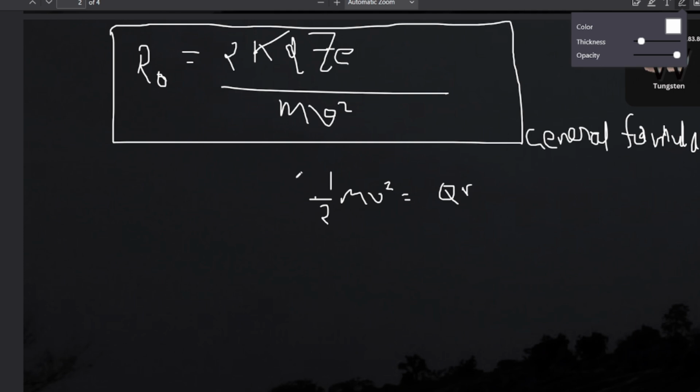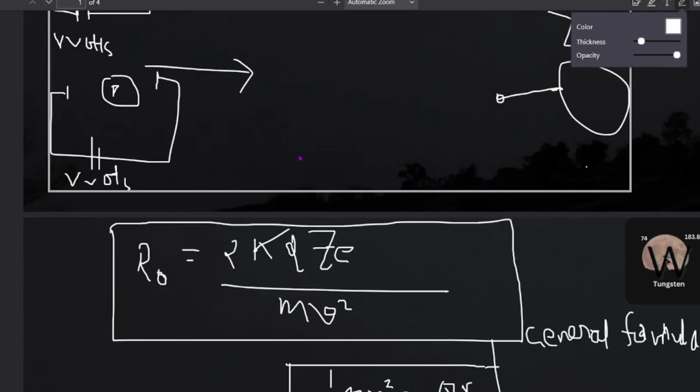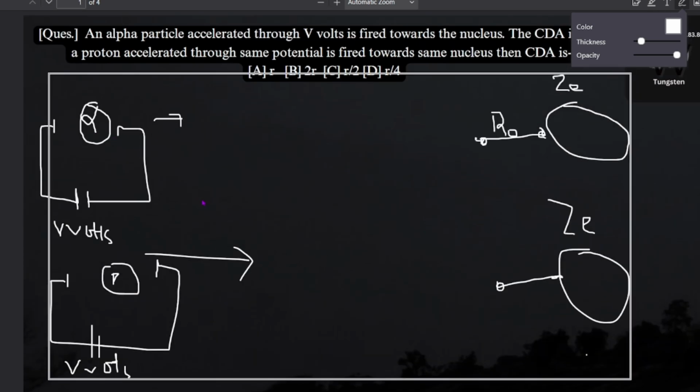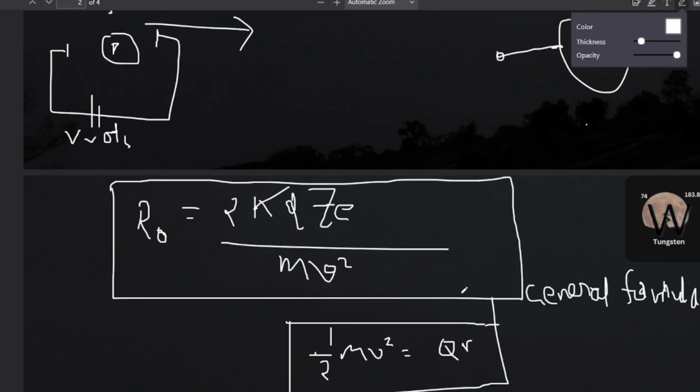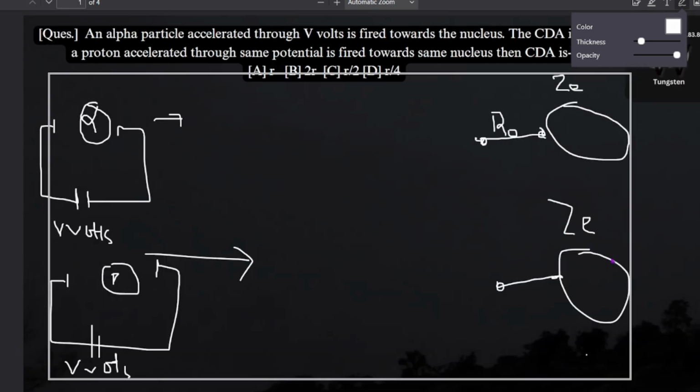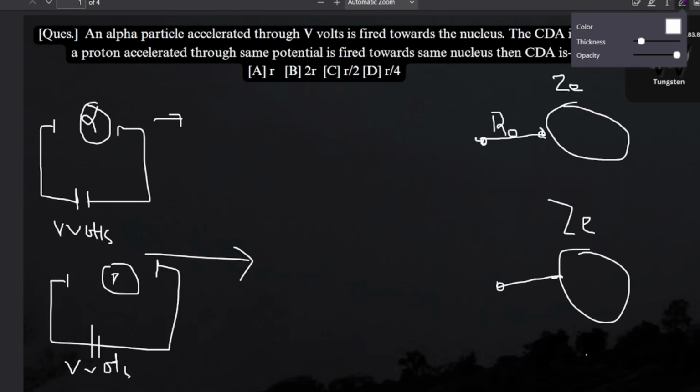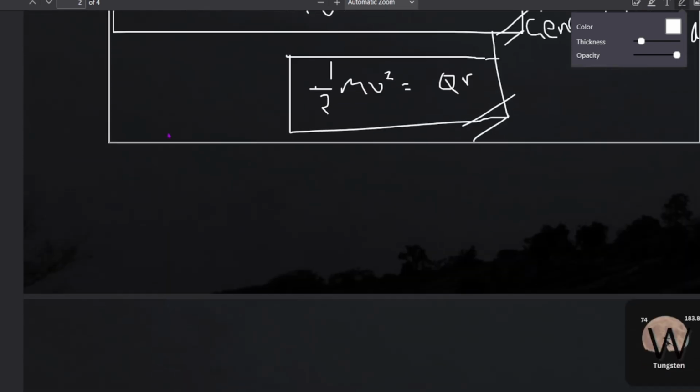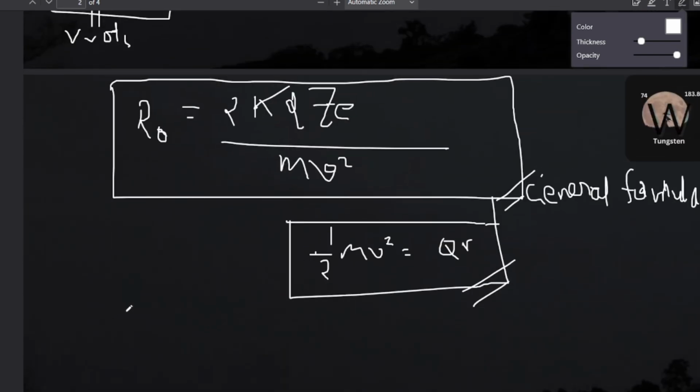Q is the charge of the particle, and V is the voltage. So the question wants us to correlate these two formulas. Since we have to define it in V terms and we are given radius, let us do what it wants us to do. It can be solved in other ways too, but this works much better.